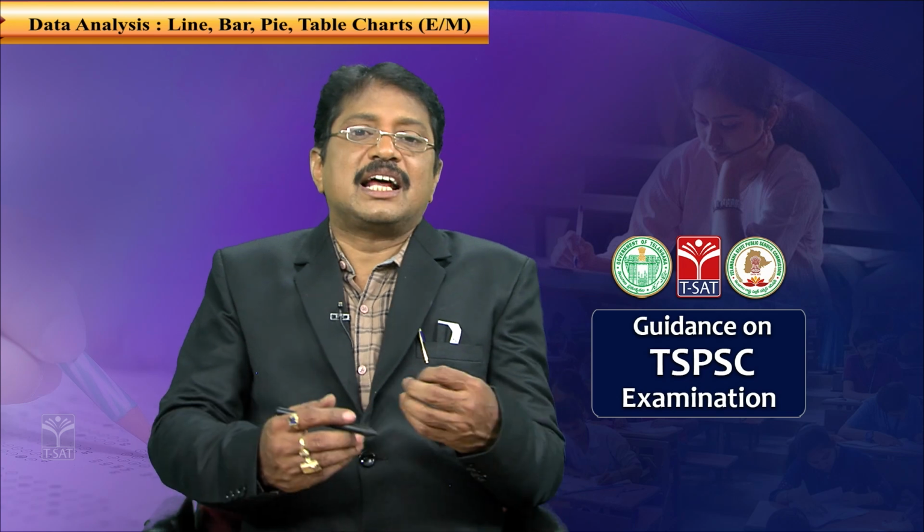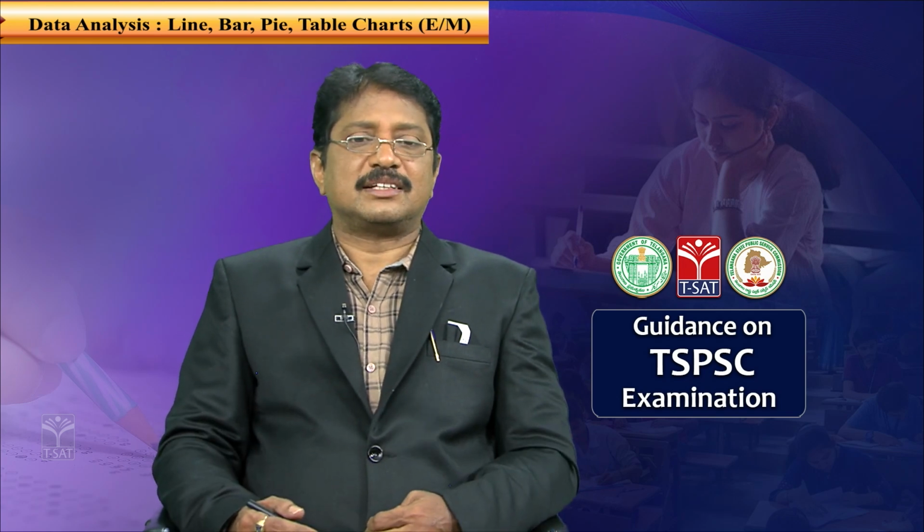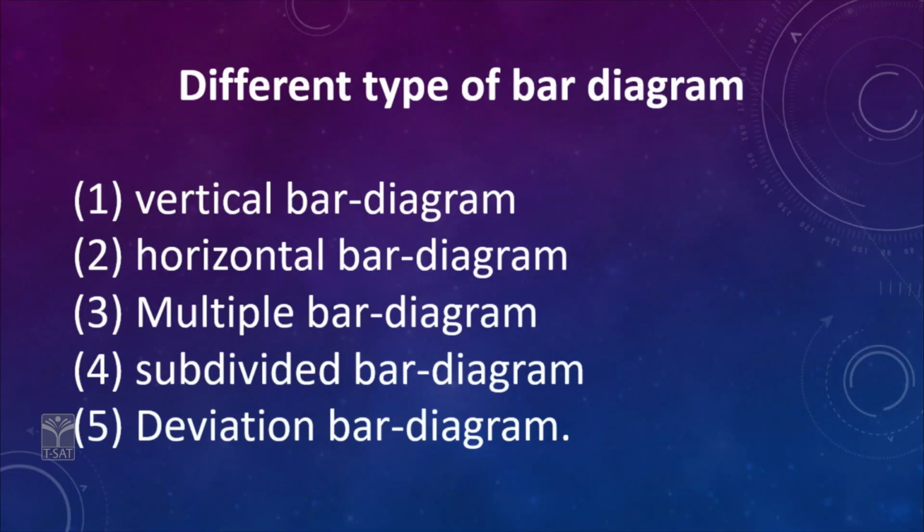Okay. So, there are different types of bar diagrams here. Now, consider a bar graph: the horizontal line is called the x axis and the vertical line is called the y axis. So, this is one, this is another, and one more.